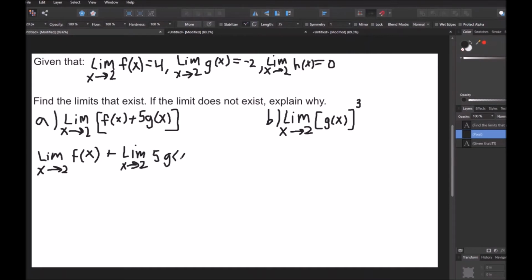And now remember from your constant multiple property that you can just move this 5 out here because it's just a constant.